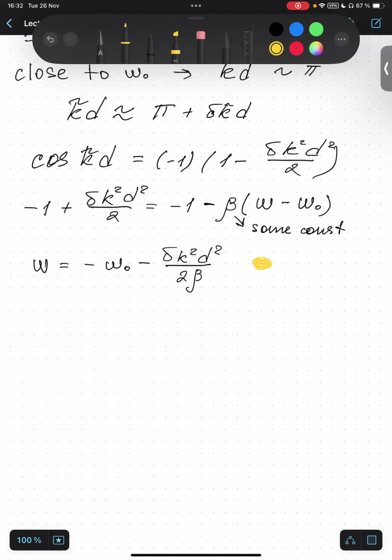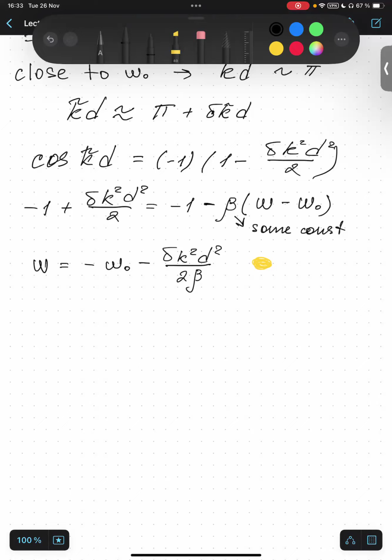Well, from quantum mechanics or particle physics, maybe some of you know such conditions. It looks like near the band gap, the photon behaves like a particle with negative mass in this point.